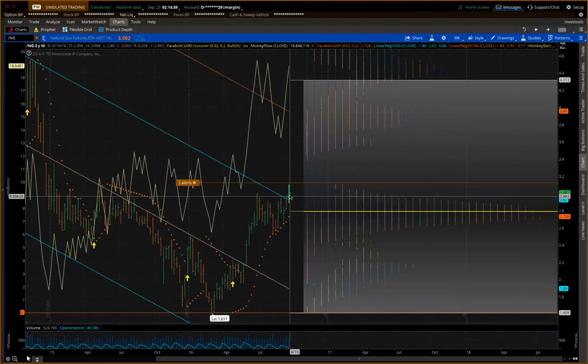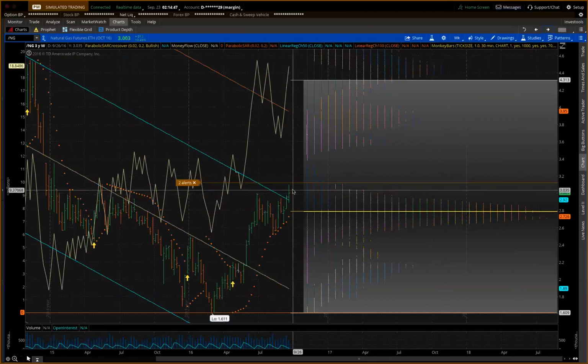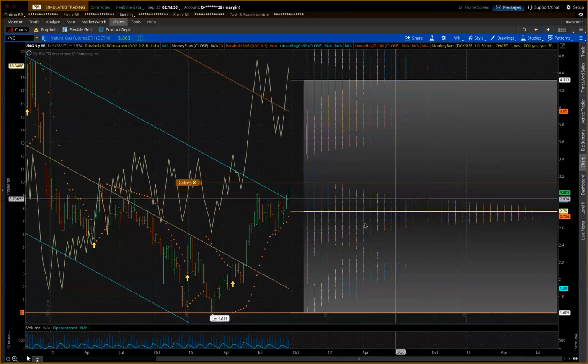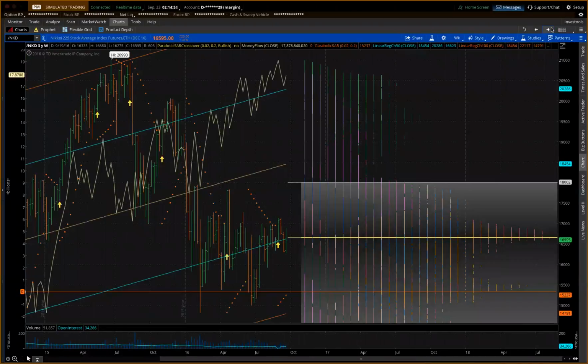What was 294? Basically, I'm playing it as a retest of the breakout. Any pullback, more than interested in buying. Nikkei, possibility that this holds as an anchor and trades higher.